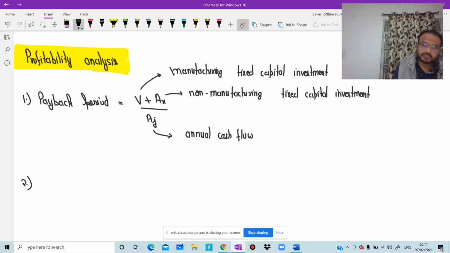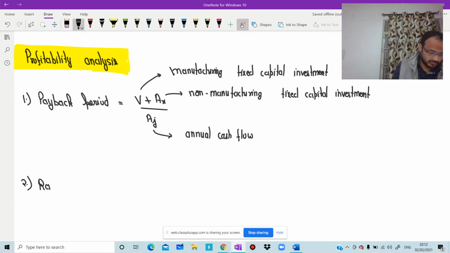And remember one more thing in GATE 2018 question: payout period without interest does not consider the time value of money. And one more thing, payout period without interest does not consider working capital. They ask this question in the GATE exam also.